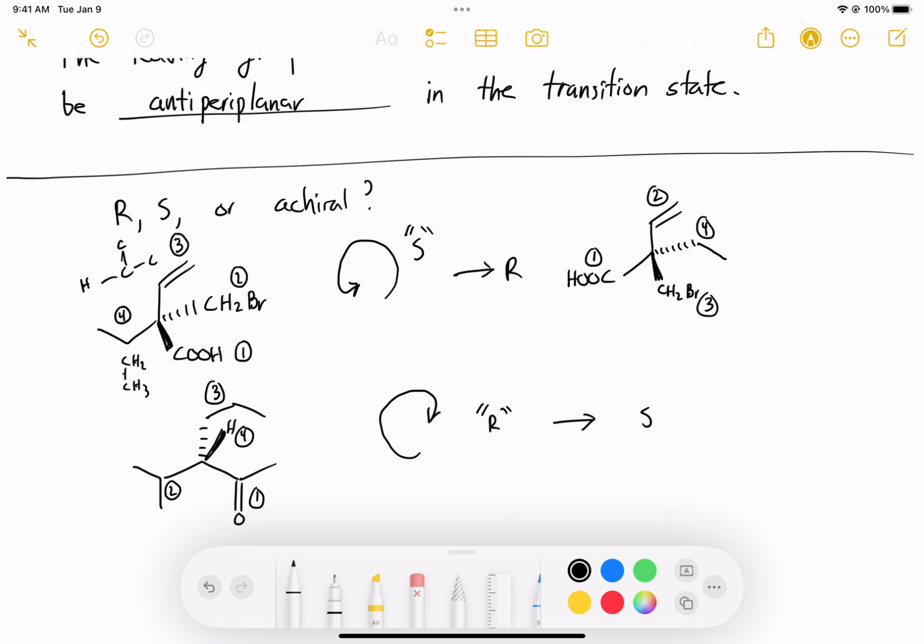And this is 4. So that will be R. Okay, so that's R. Now if I put my thumb in the direction of the substituent, it goes 1, 2, 3. So it's R. So I think I'm right in this case.